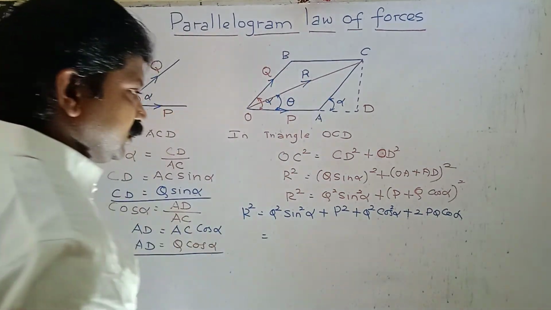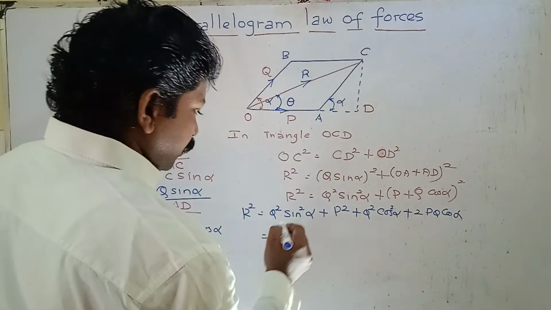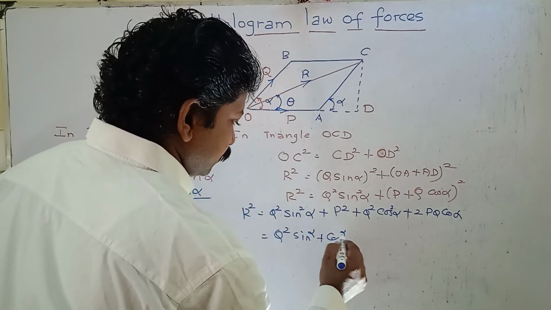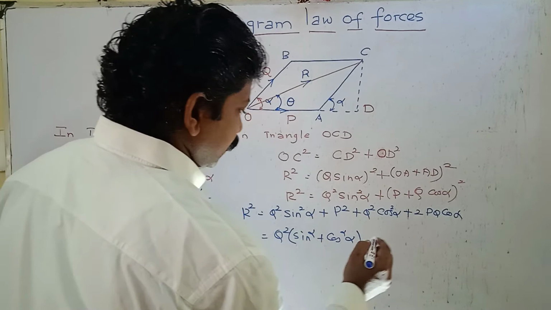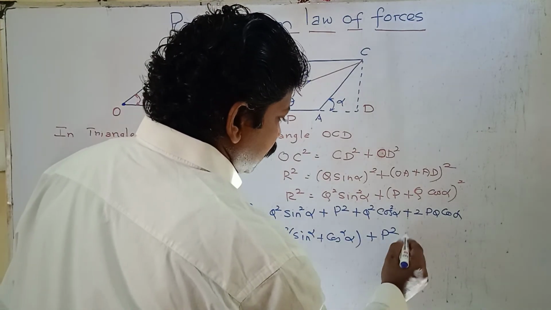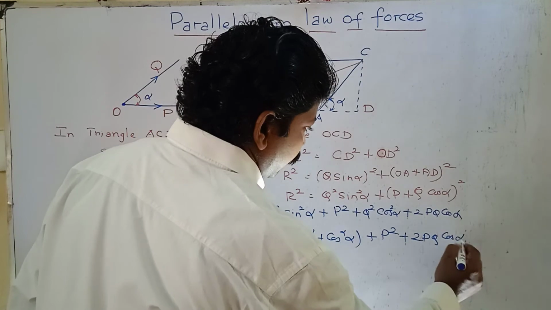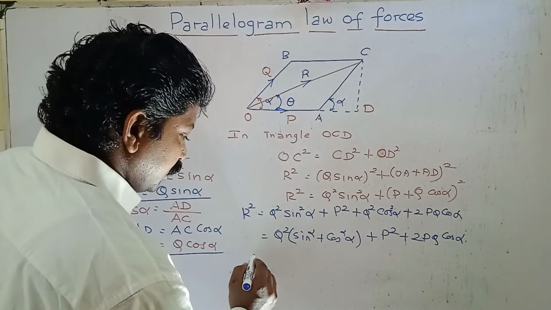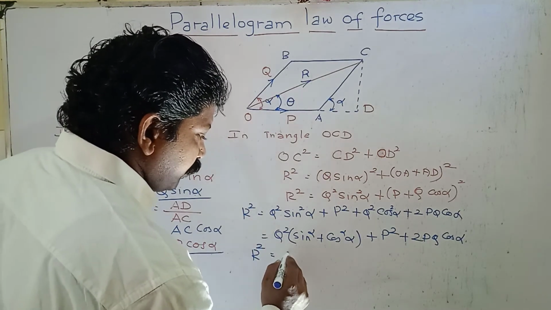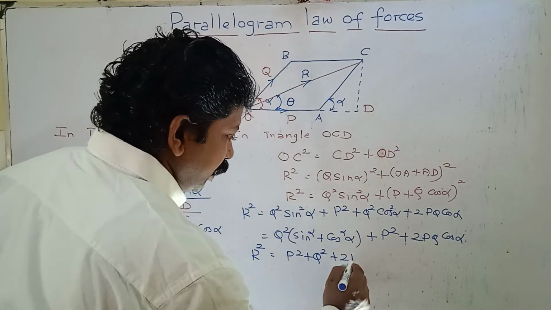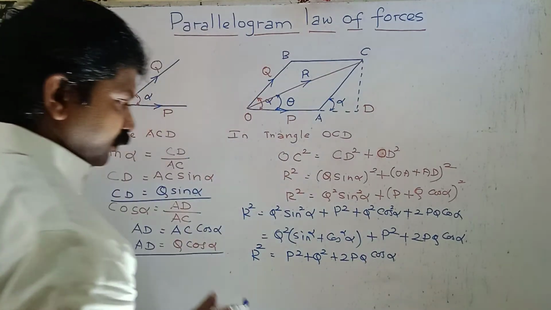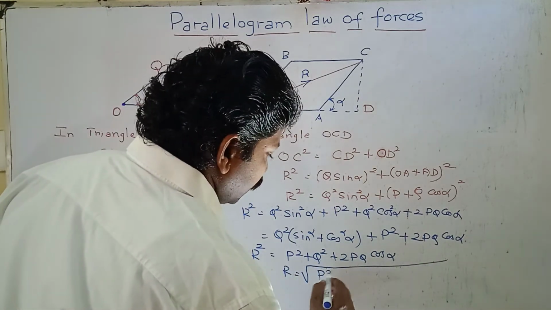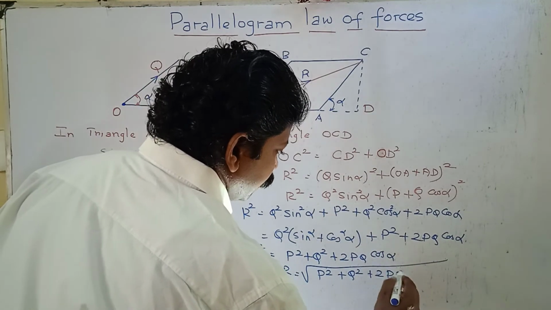Taking Q square common, sin square alpha plus cos square alpha, plus P square plus 2PQ cos alpha. Since sin square alpha plus cos square alpha equals 1, R square equals P square plus Q square plus 2PQ cos alpha. So R equals root of P square plus Q square plus 2PQ cos alpha.